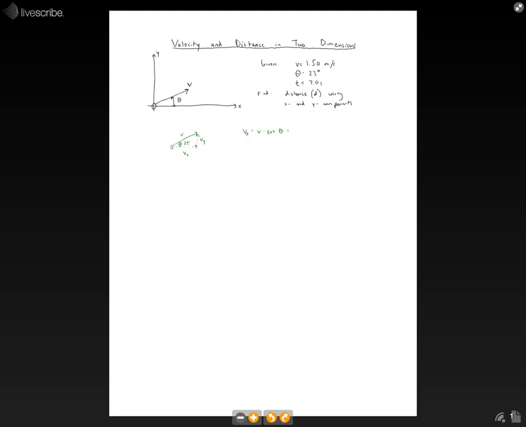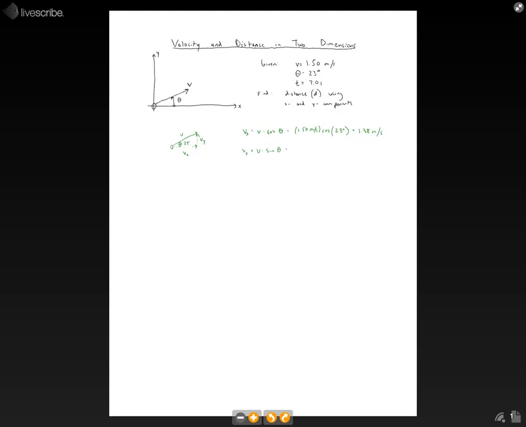If we substitute our information in, our total velocity is 1.5 meters per second, and our angle is 23 degrees. If you calculate that, our velocity in the x direction should be about 1.38 meters per second. Now we can do a similar thing for the velocity in the y direction, except this time it should be the velocity multiplied by the sine of theta.